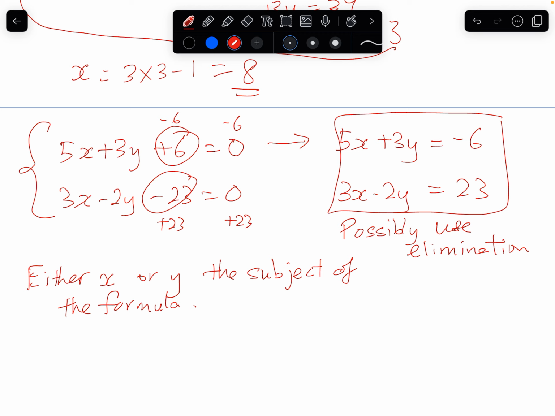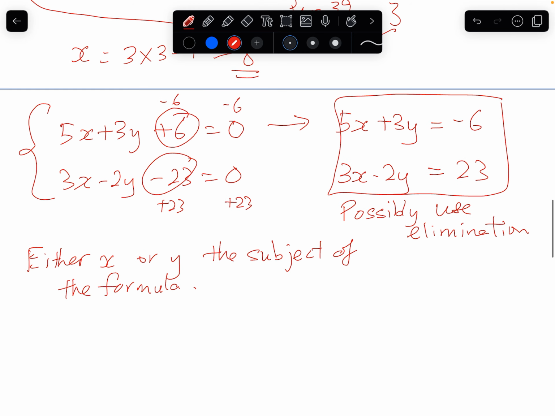Now there is no right or wrong whether you want to make x or y the subject of the formula, but again, we always try to make our life easier by choosing the one that perhaps has the smallest term. Now, we do know that we have 3x and -2y, which looks fairly decent. I'll just show you exactly how we could change the subject of the formula for this one. Again, the choice could be either using this one or perhaps this one.